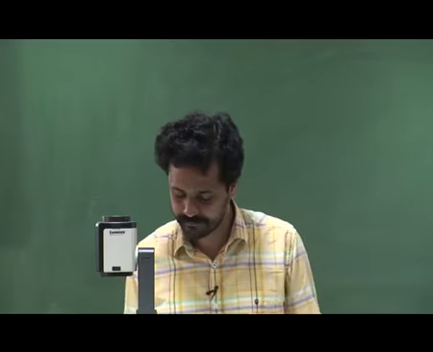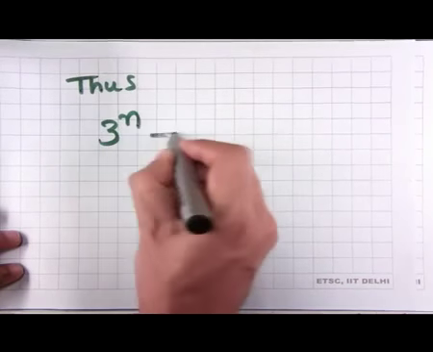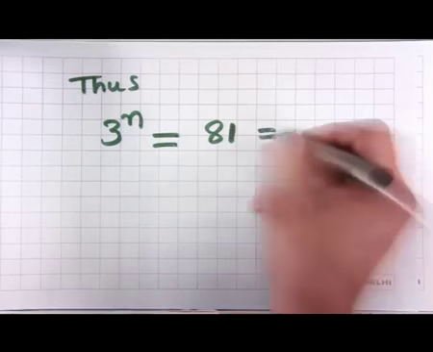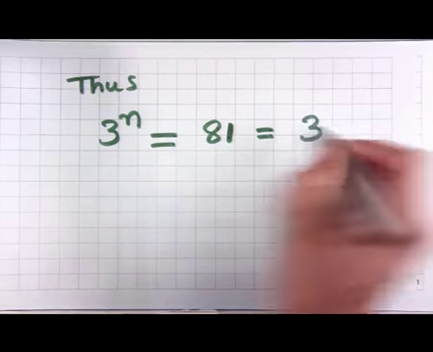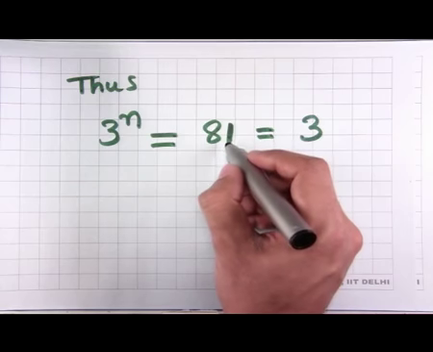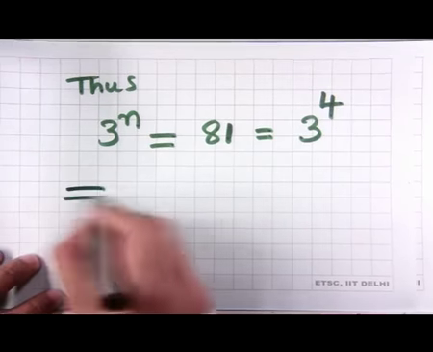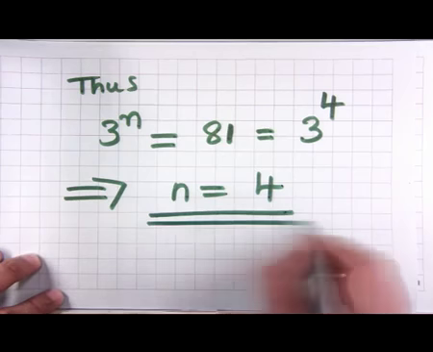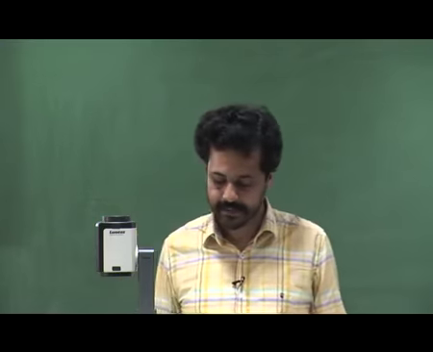Thus, 3 power n is equal to 81, which I can express in terms of power of 3. 81 is 9 into 9, which is 3 multiplied 4 times, and that yields n equal to 4, which solves the question. Let us continue.